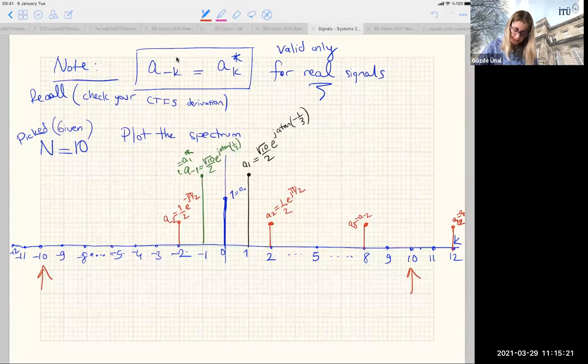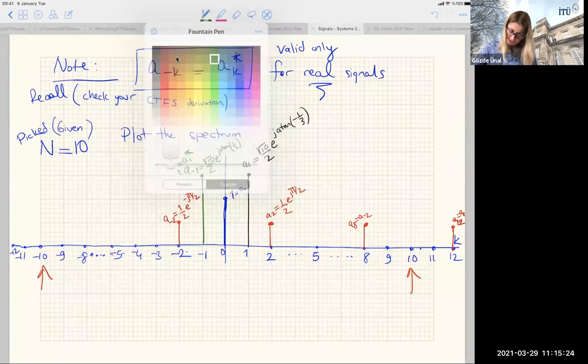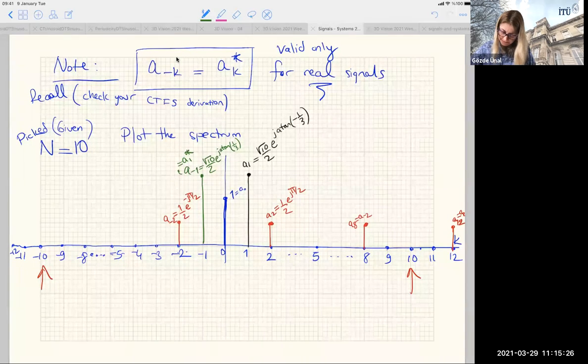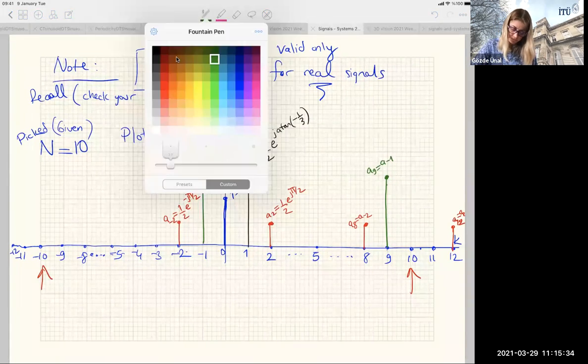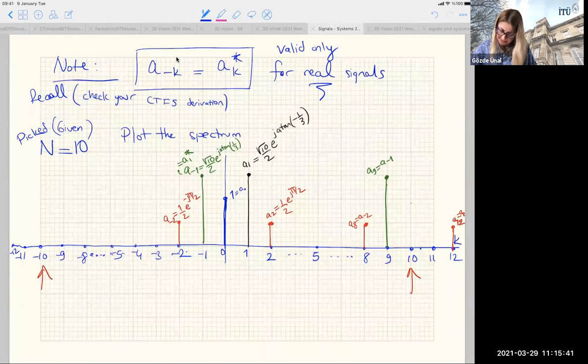Now let's go again to the green, which is 9. This is A9, which is equal to A minus 1. The centerpiece is the same. This A0 repeats at A10, right? A10 is A0 really, which is 1. And then I have A1 at A11.